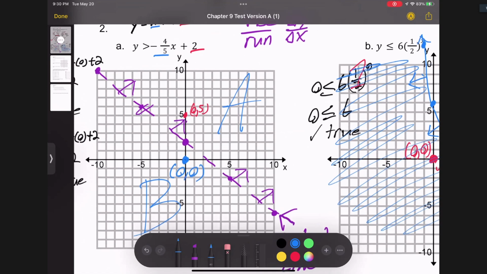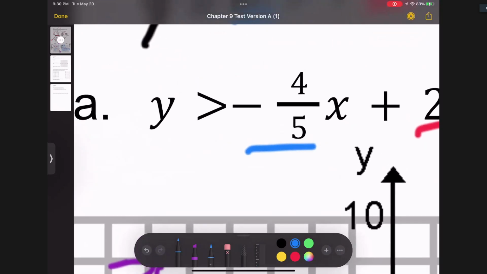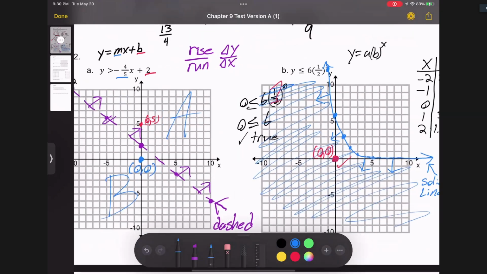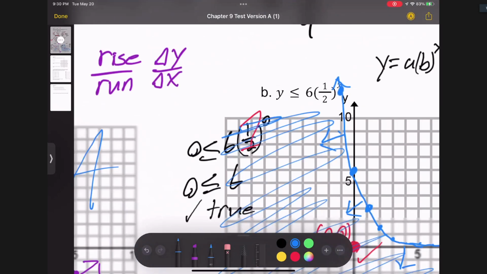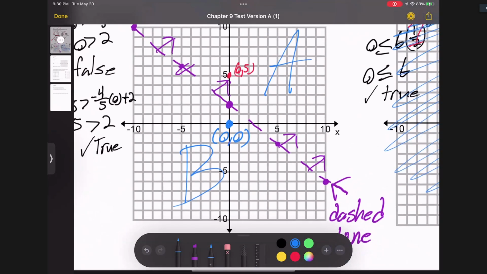So that means you are going to be shading above the line. When you see y is greater than, you are going to be shading above the line. But if you see y is less than, say for example in this scenario, you are going to be shading downwards. And if I were to tell you which one is lower or below the line, it's the letter B. You're shading below the line.